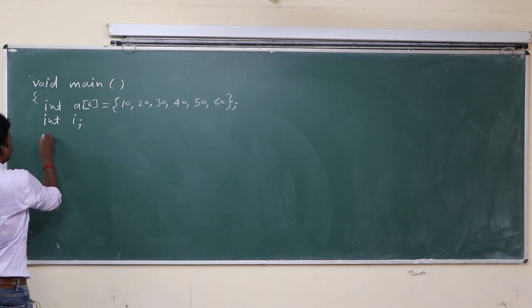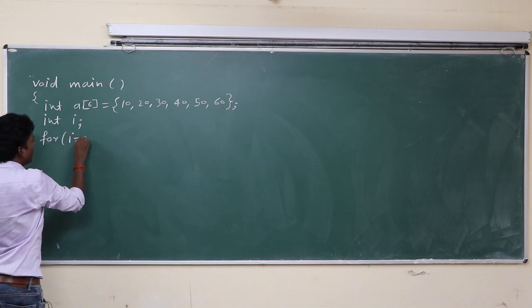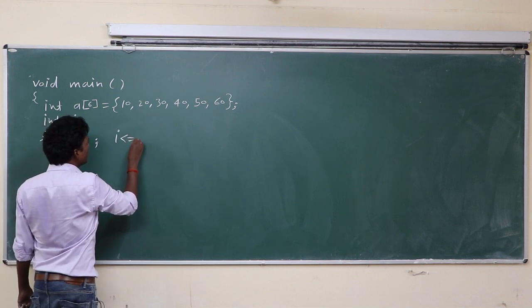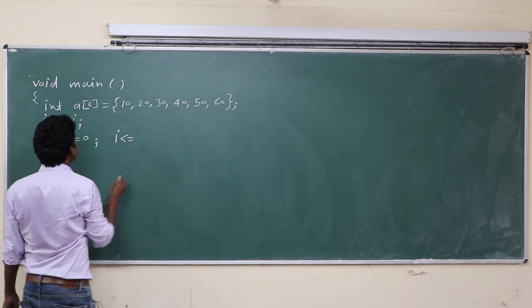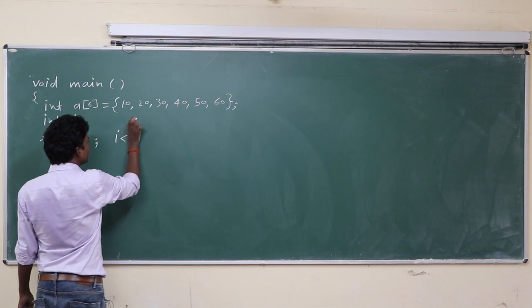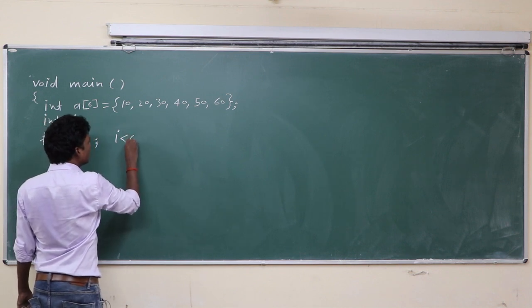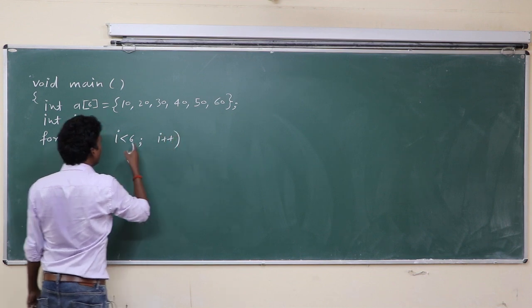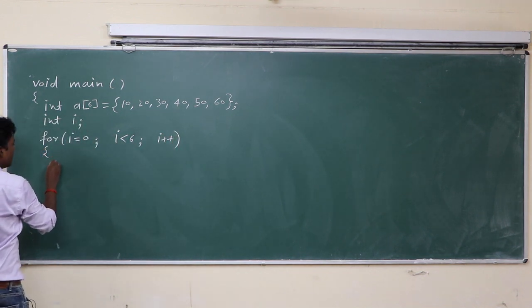Okay, for I equal to 0, I is less than or equal to, I is less than 6, I plus plus. This loop executes 6 times.